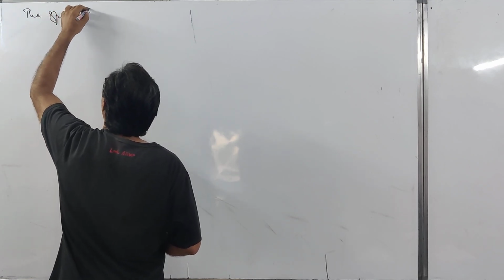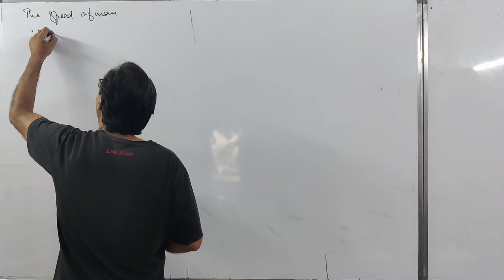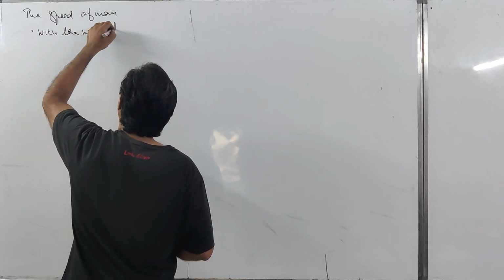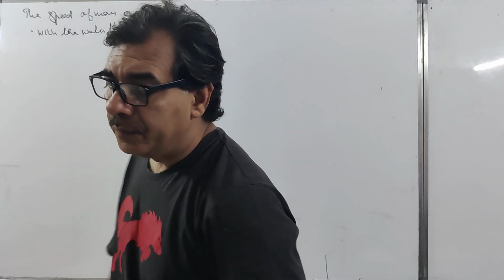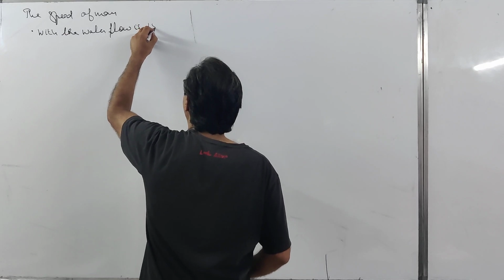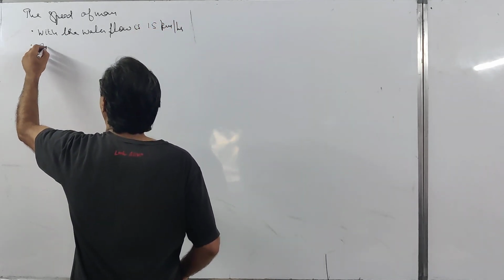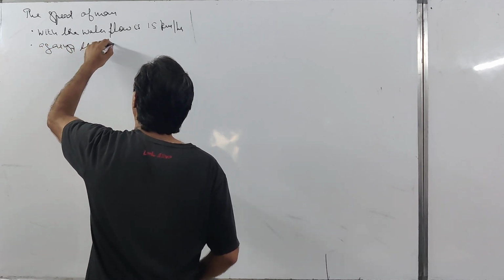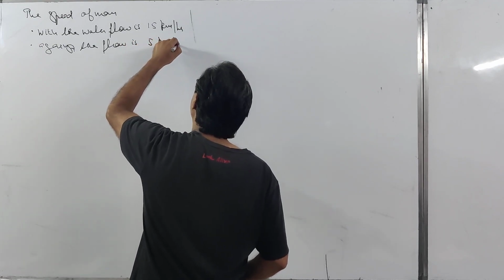The speed of man with the water flow is 15 kilometers per hour, and against the flow is 5 kilometers per hour.